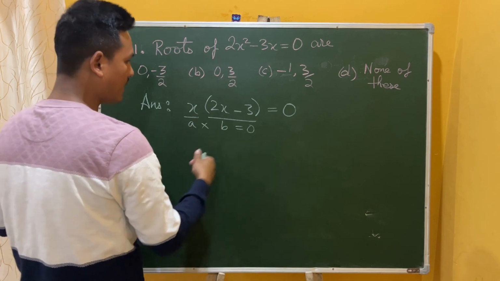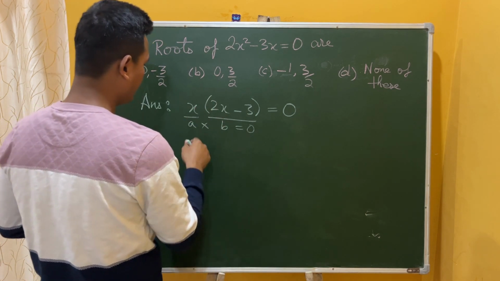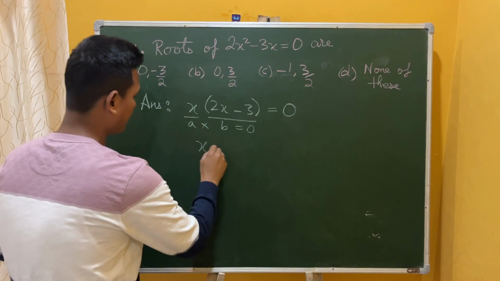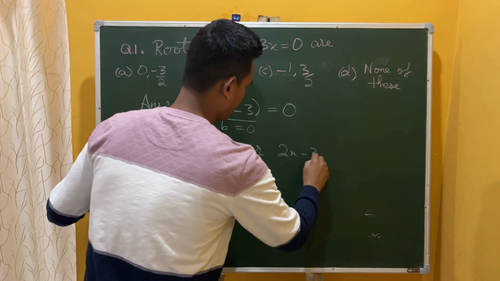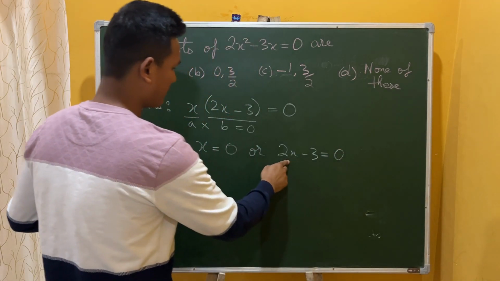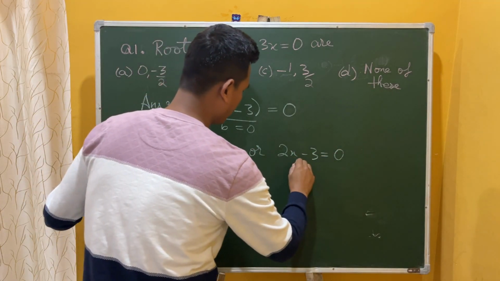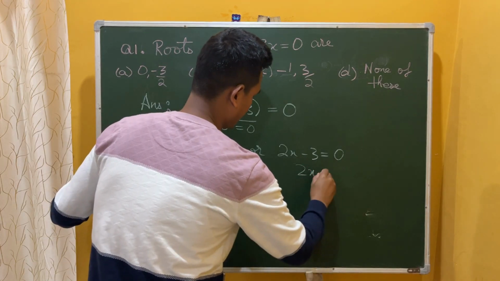So, with that kept in mind, what we should say is either x equals to 0 or 2x minus 3 equals to 0. So this becomes an equation in one variable. So let's solve this.